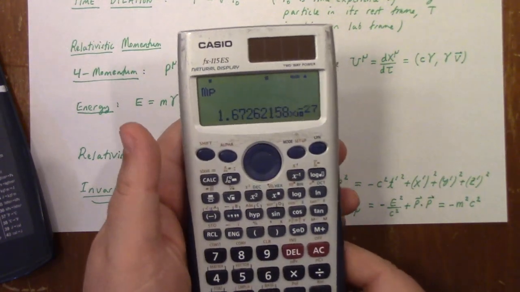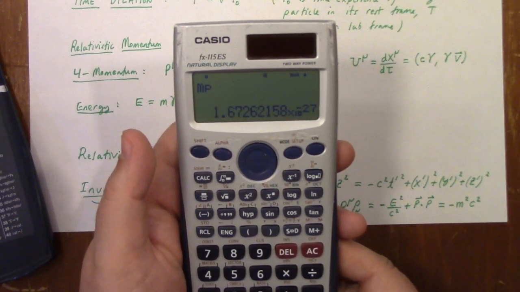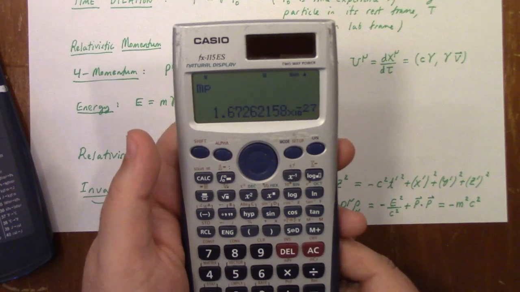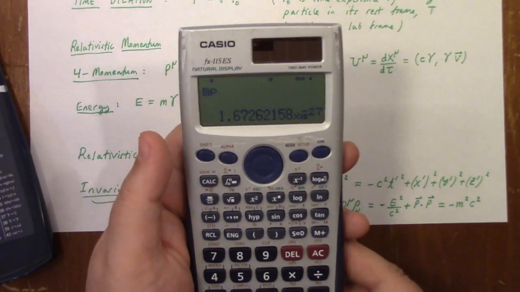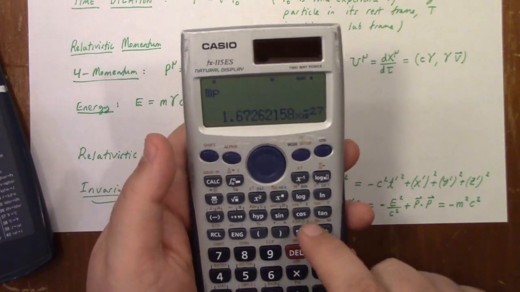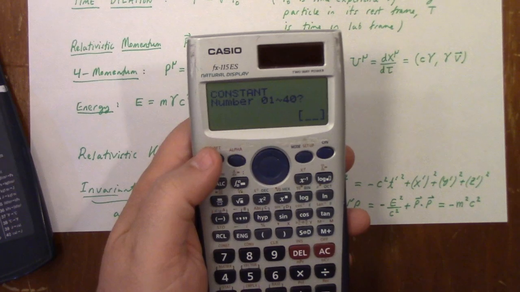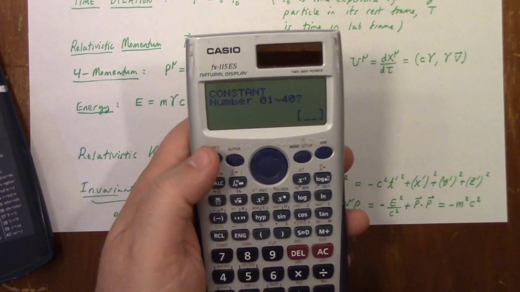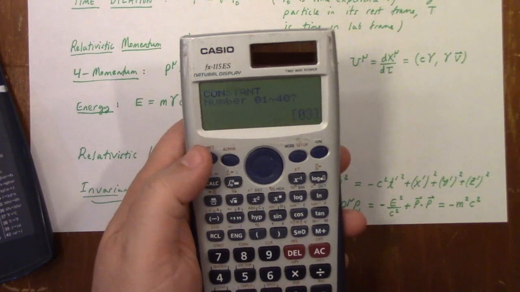Mass of the proton. Apparently it's 1.6726215 times 10 to the minus 27. I believe that's in kilograms. So let's see. Let's try the mass of the electron, see what that is. Well, that's the neutron. Mass of the electron, 3.